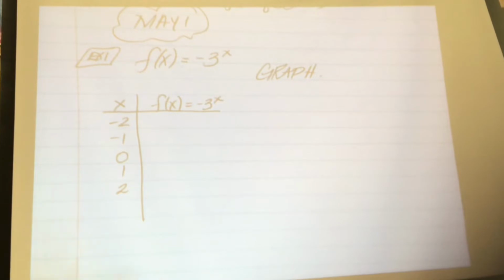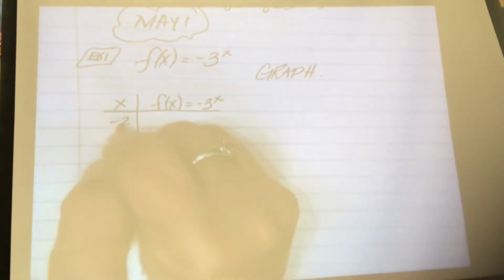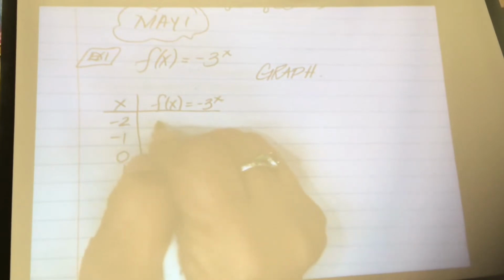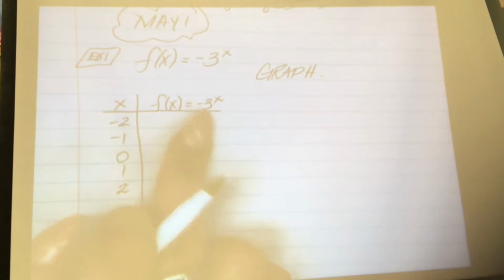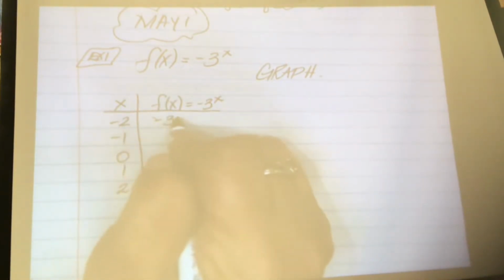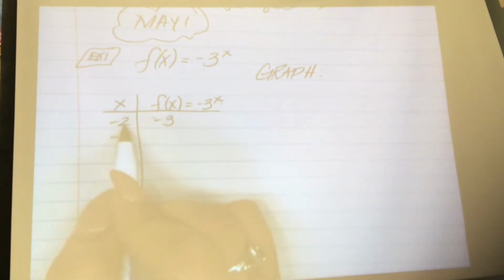That means I want to plug in these numbers right here for x. So can you tell me what I would write right here? Instead of x, what would I write? What am I plugging in? -3, but I don't want an x anymore. I want a -2.